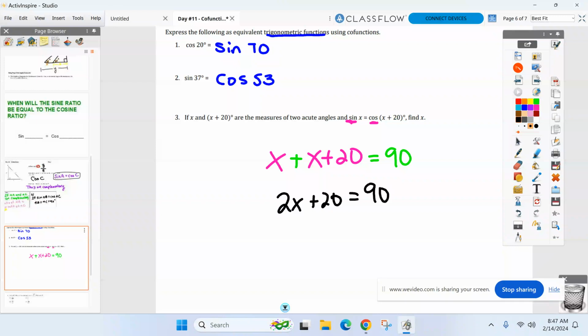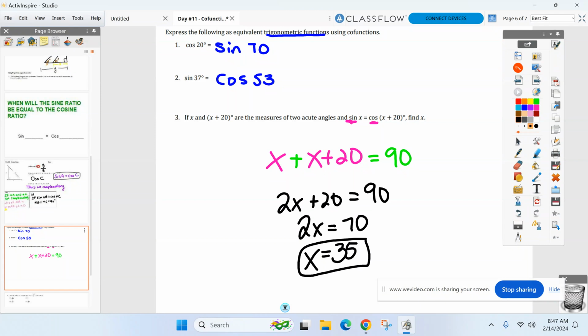That's 70. x equals 35. Now, if I wanted to actually find what the angles are, you plug them back in. But I just had to find x there. If you wanted to know what the acute angles are, plug them back in. All right, how are we feeling here?